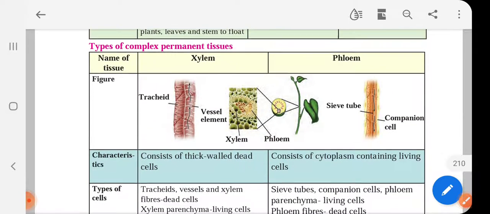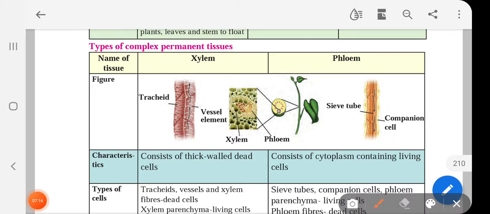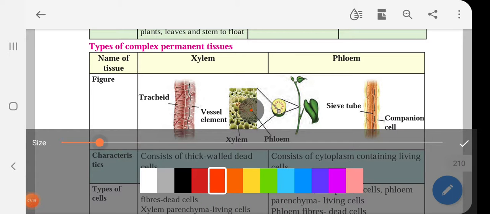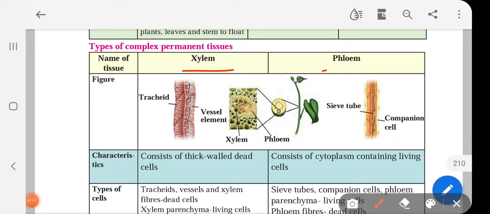Now let us talk about types of complex permanent tissue. Basically these are of two types, xylem and phloem, which we have already discussed in chapter number 15: how transportation of water and food takes place in plants. So let us discuss once again over here.